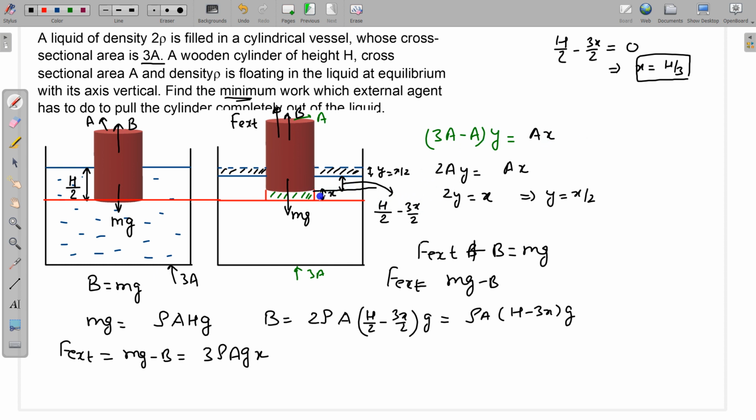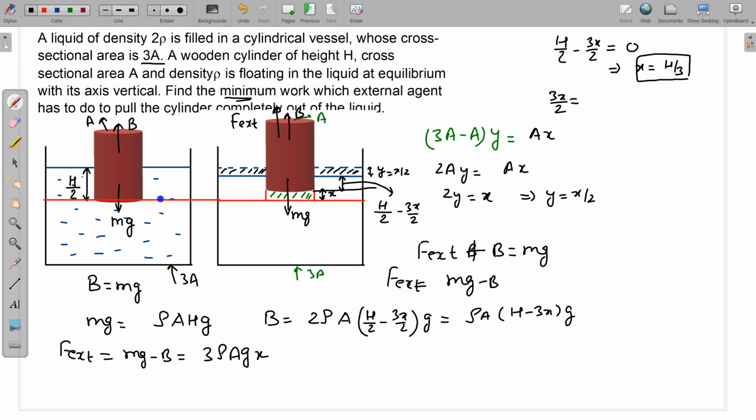Or we can say that if it goes up by distance x and the level comes down by x by 2, then at any moment there is a relative motion, this is going up and the level is coming down. So the total movement is equal to 3x by 2, and this 3x by 2 should be equal to the initial h by 2.